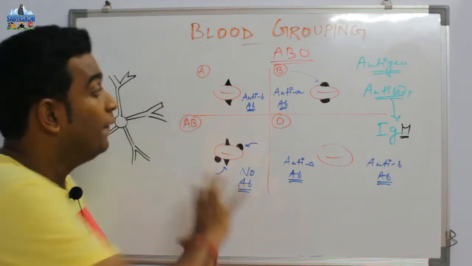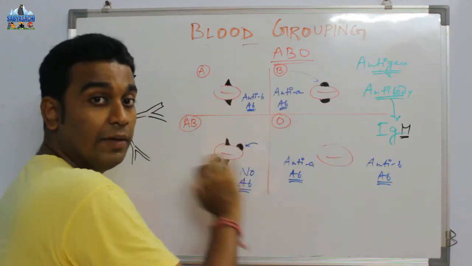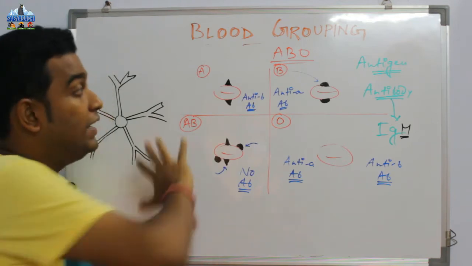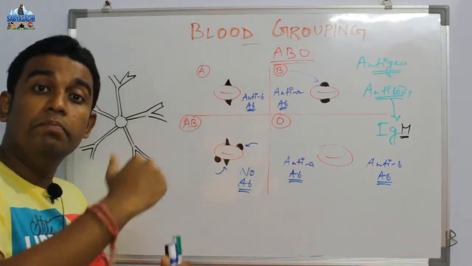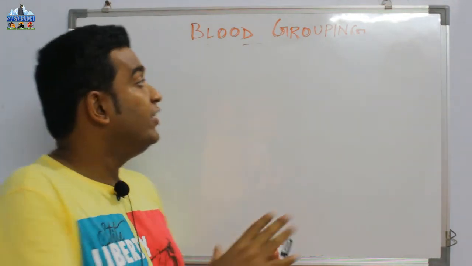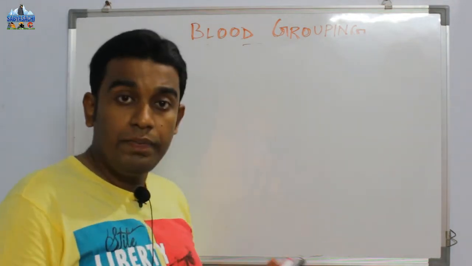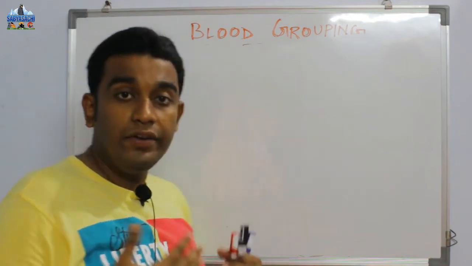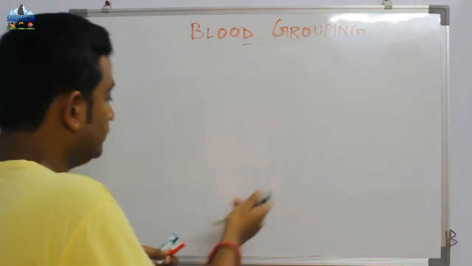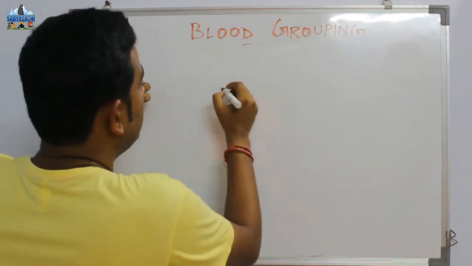And let me tell you, based on this, the blood transfusion matters, and based on this, the blood mismatch occurs. Now if I prepare the list of donor and recipient, how it will take place, let's see that.